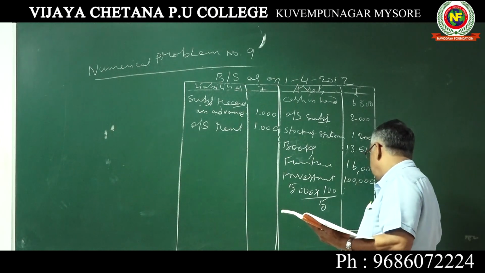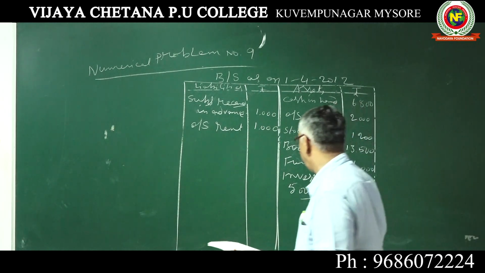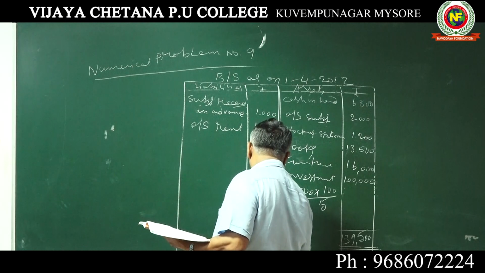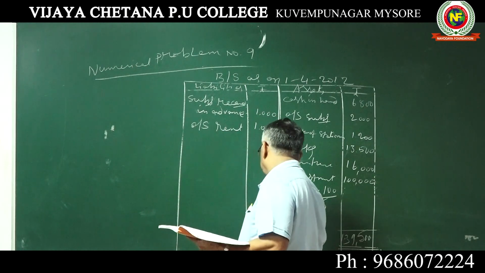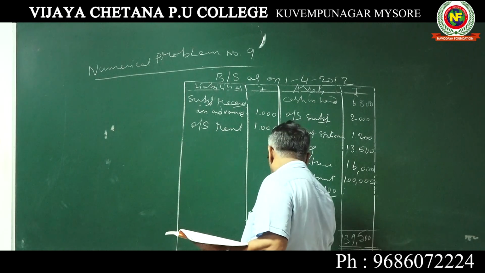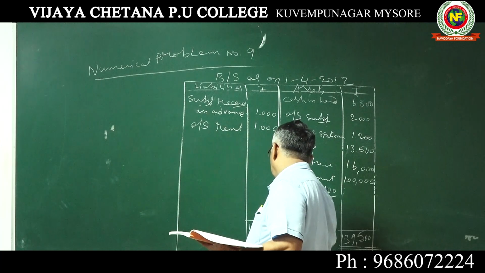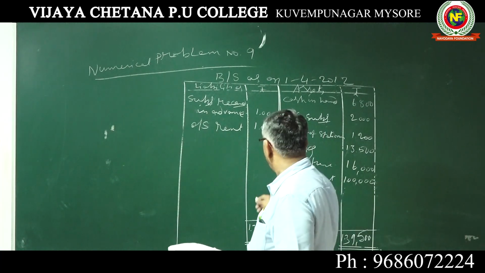Okay, this is correct. Here also you put 1,39,000 on the other side.